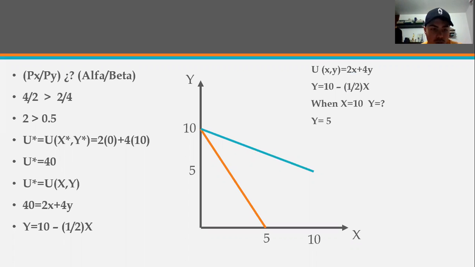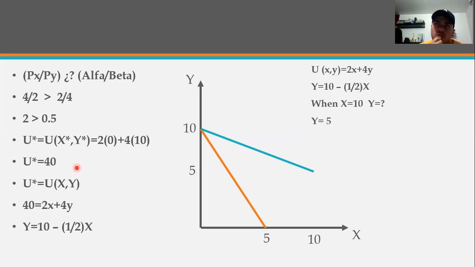First of all, we need to verify this utility that we're watching here. This utility is equal to the utility of x and y. But where we are now, the perfect substitute goods can be equal at this time.